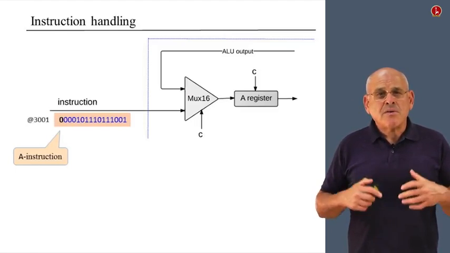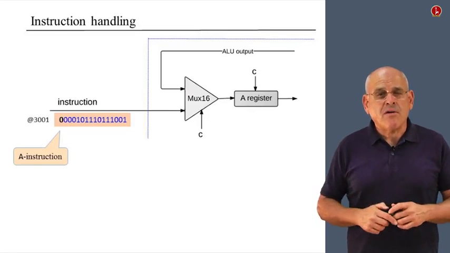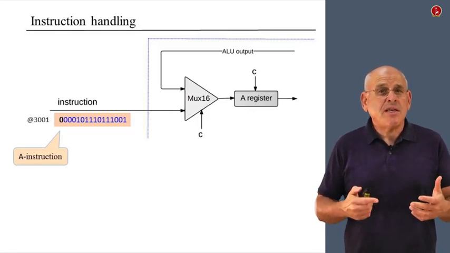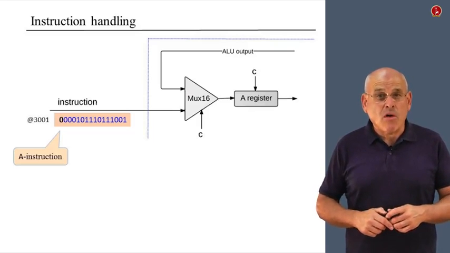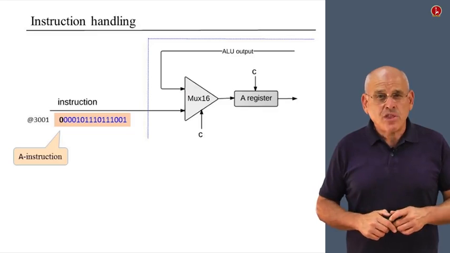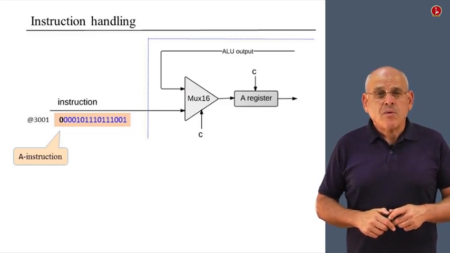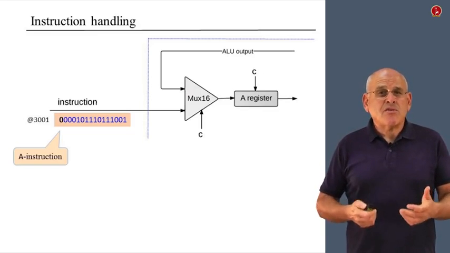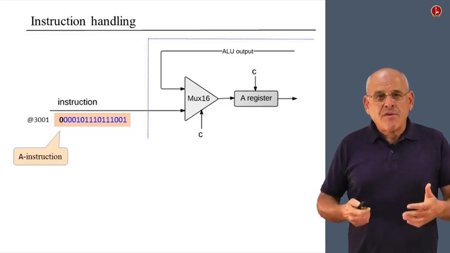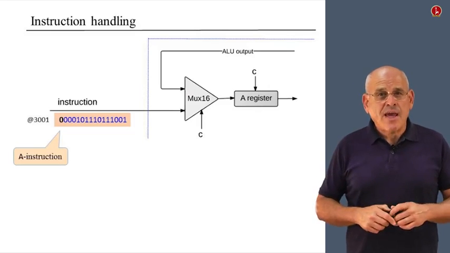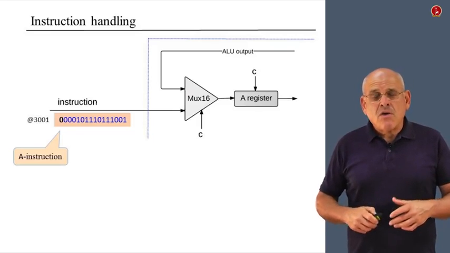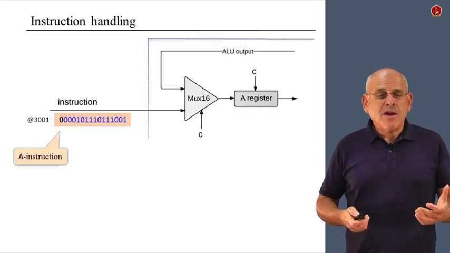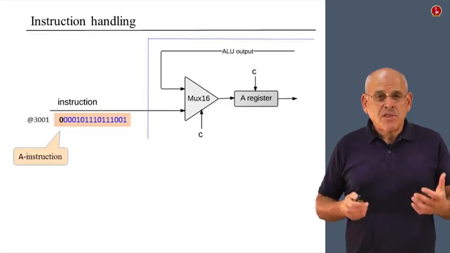And here is also the symbolic mnemonic of the same instruction, which is easier to read, but obviously the computer doesn't care about it at all. This is just for communications between me and you. So we see that this instruction seeks to load the value 3001 into the A register, and of course to do everything in binary. So in order to carry out this instruction, the CPU has to do several things.